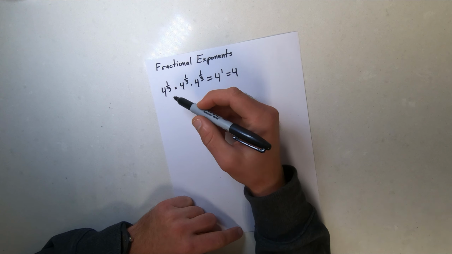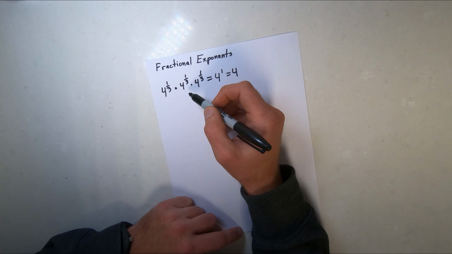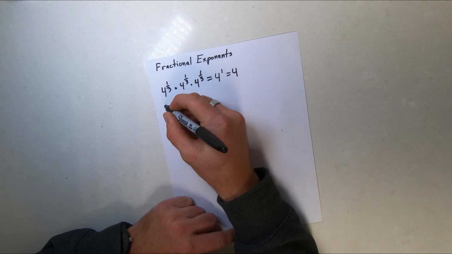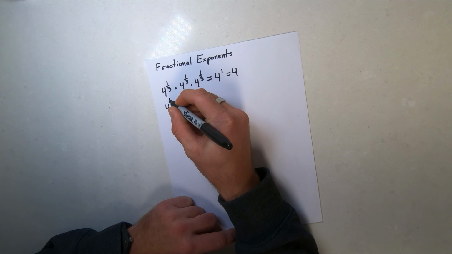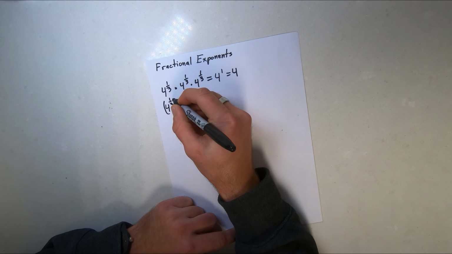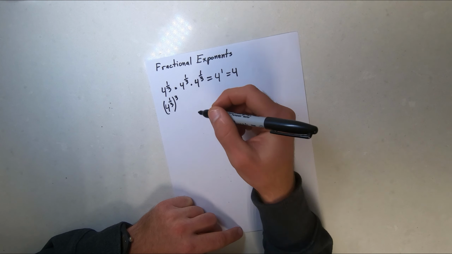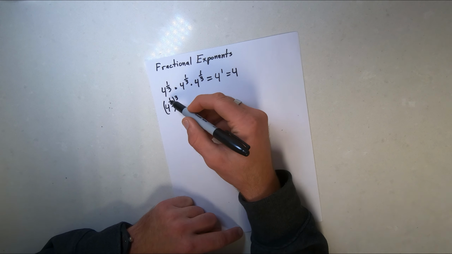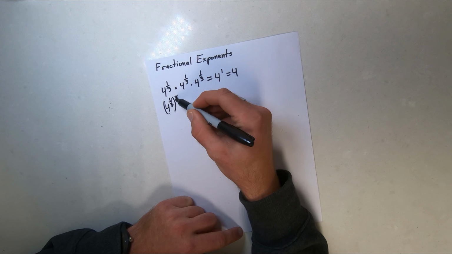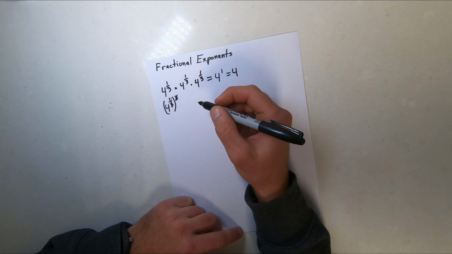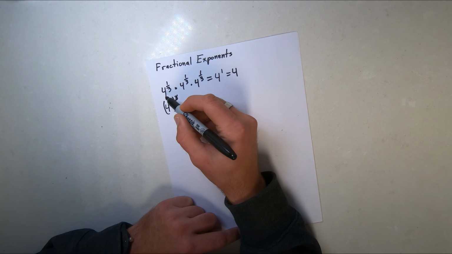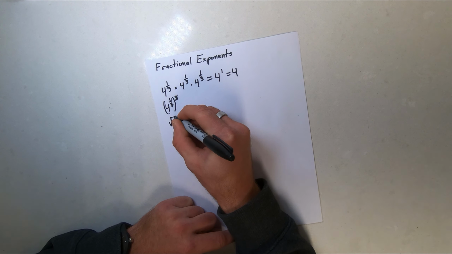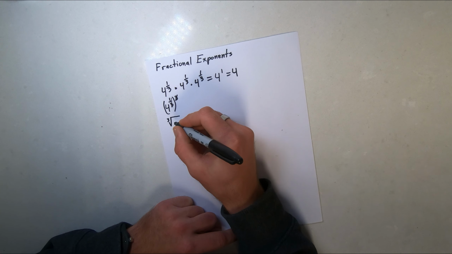Now here we can see that we have the same number multiplied by itself 3 times, which is basically like saying 4 to the 1/3 cubed. Now, given what we know about cubes, these will just cancel out, giving us just 4. That means that 4 to the 1/3 simply means the cube root of 4.